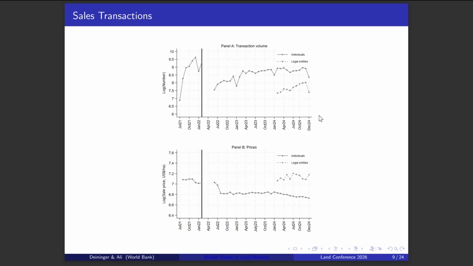We see the same trend for sales transactions, but there was an interruption right when the war started. Otherwise, transactions are happening, and after January 2024 you clearly see legal entities buying agricultural land in the sales market, and they also pay slightly higher than individual buyers.